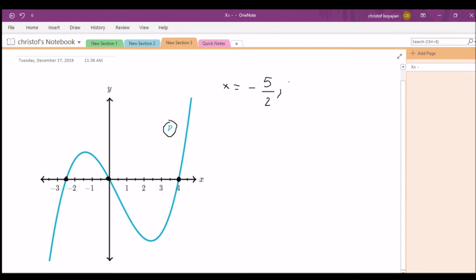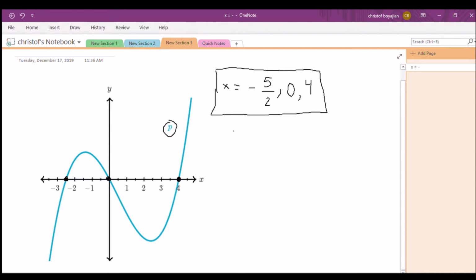So we can go ahead and write 0 right there too. Are there any more? In fact, there's one more right here. When x equals 4, the y value is also 0. Okay, so we have 3 x values that we know of on this function p when y equals 0. Go ahead and box that right there.